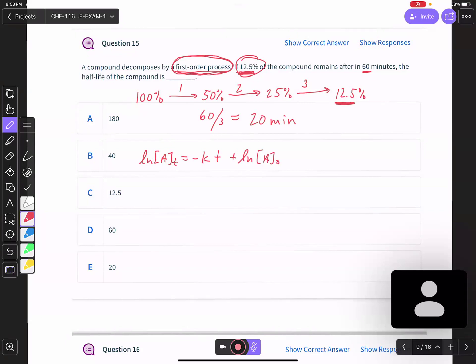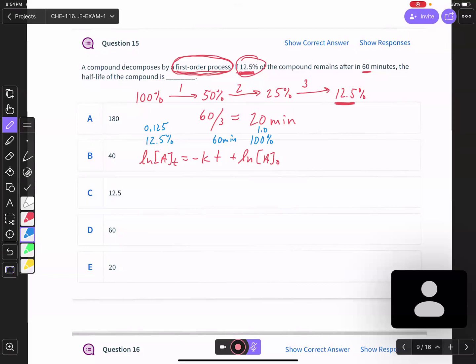So what we would have to do is say, okay, at time 0, I had 100% of the material, and I'm looking for at what point did I have 12.5% of the material? I know that took 60 minutes. But to use these percentages in our calculation, we need to use them as a decimal. So 0.125 would be that, and 1 would be that.